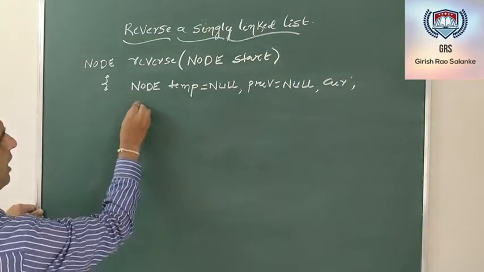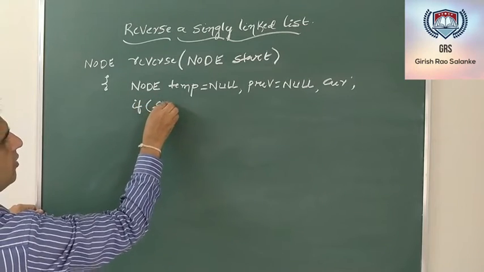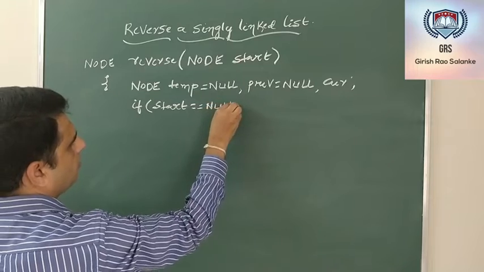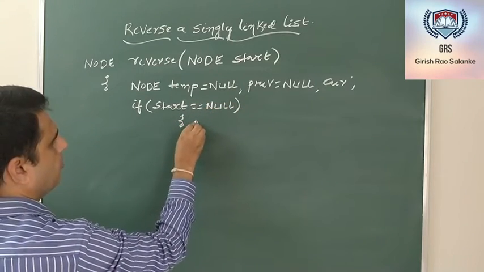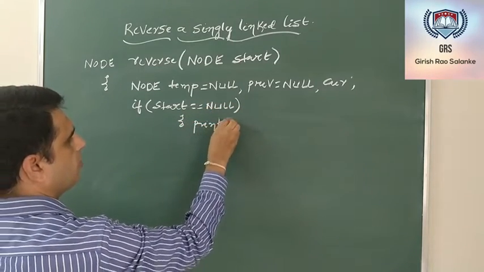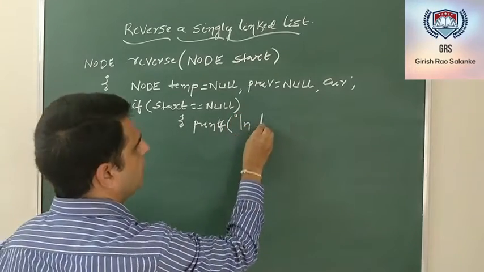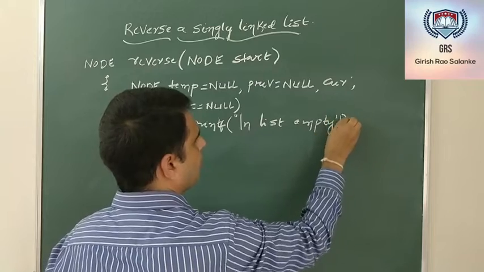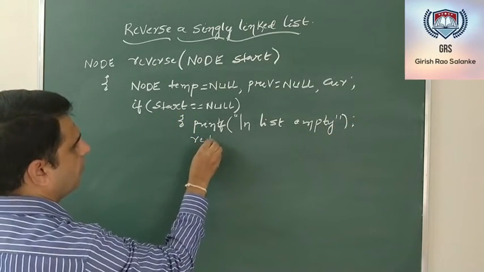Now if list is empty, I can't reverse it. So I'll just write this condition. If start is equal to null, printf list empty, return null.